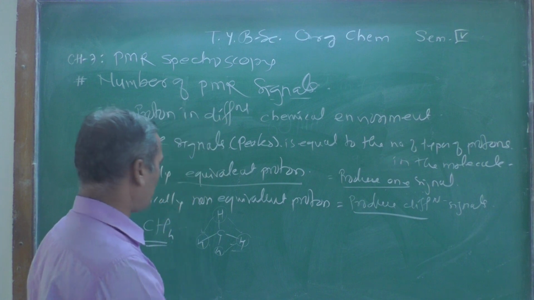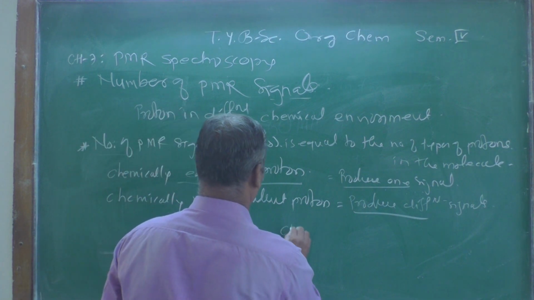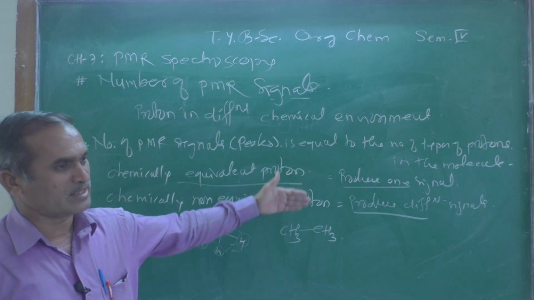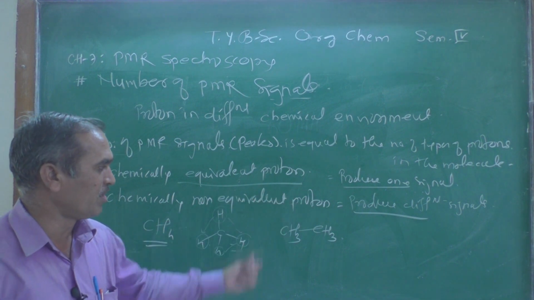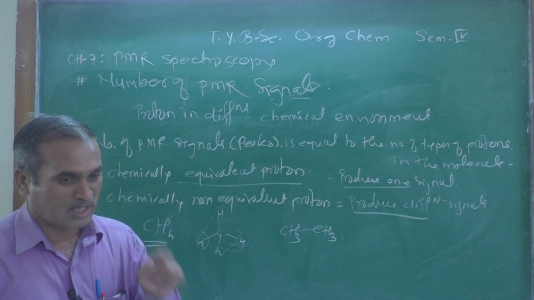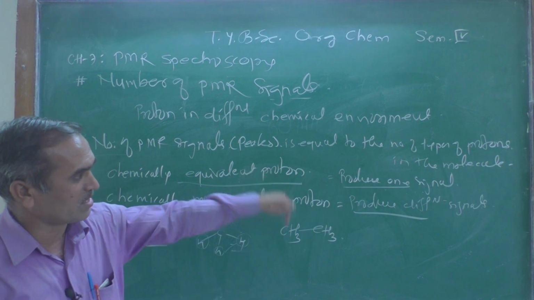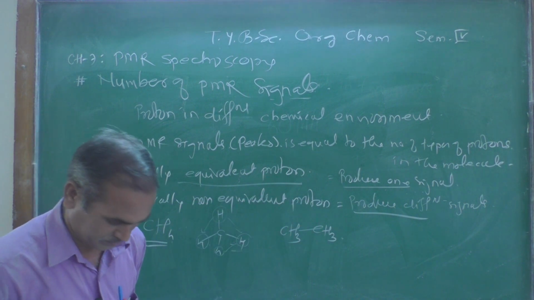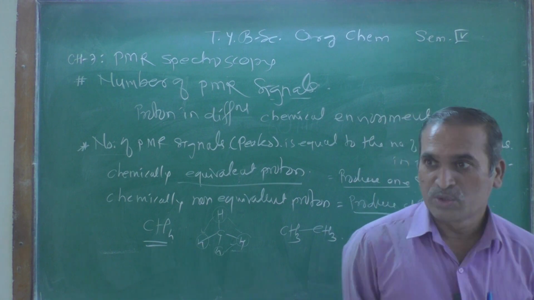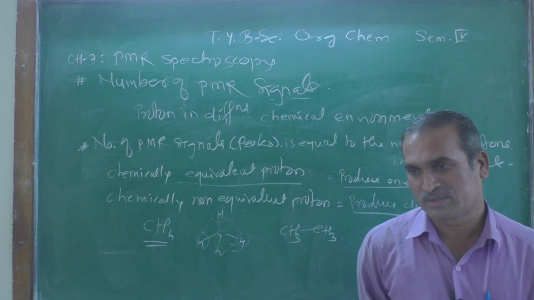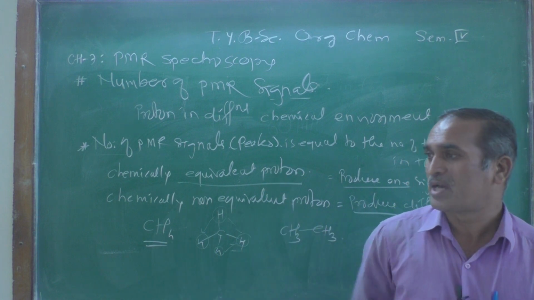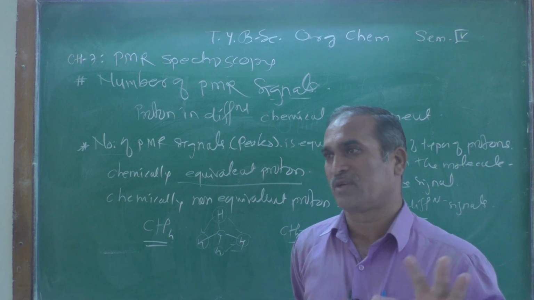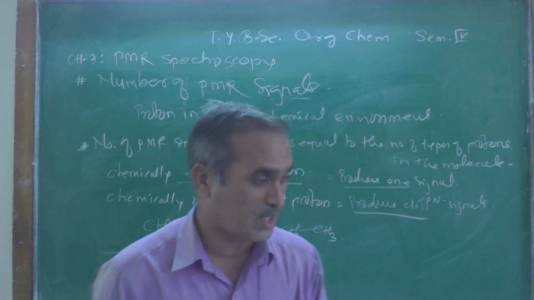Now, let us see another example over here, CH3 and another CH3. We know that this is the second member of the alkane family, which is the ethane molecule. Now tell me how many signals will be obtained for the ethane molecule. We know that the number of PMR signals is equal to the number of types of proton, meaning whether they are chemically equivalent or chemically non-equivalent, that you have to identify.